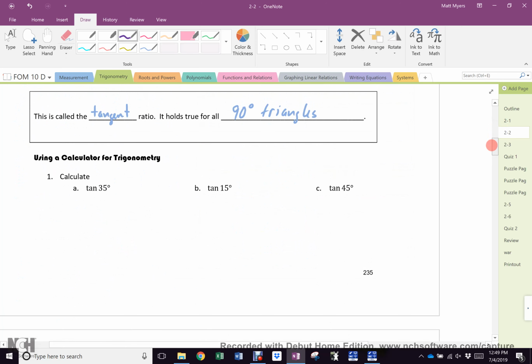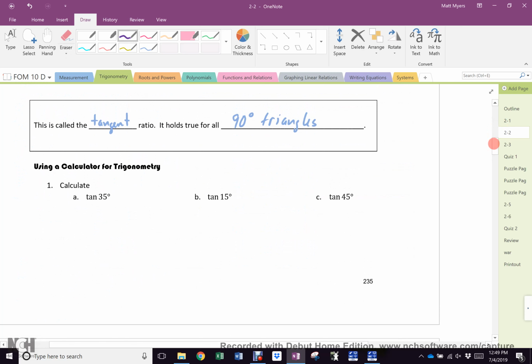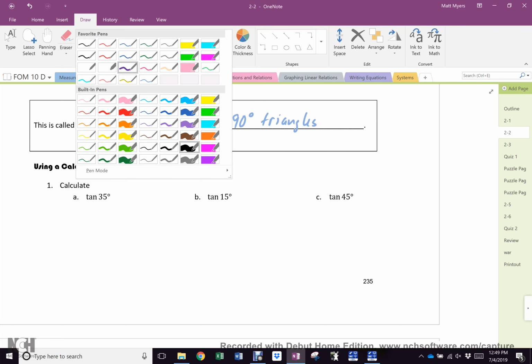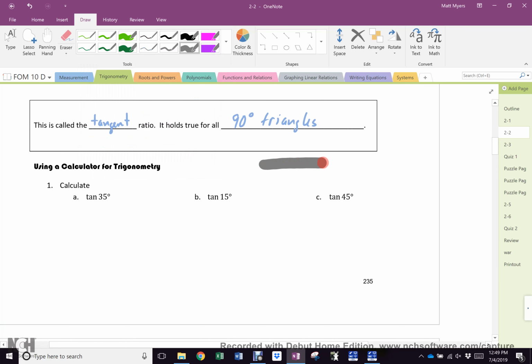Now, before we go any further, this is the second most annoying thing I have to do in this course, when we talk about how to use your calculator for this. Everybody look at their calculator screen. Their calculator screen will look like this. There is a gray box. That is your calculator screen.